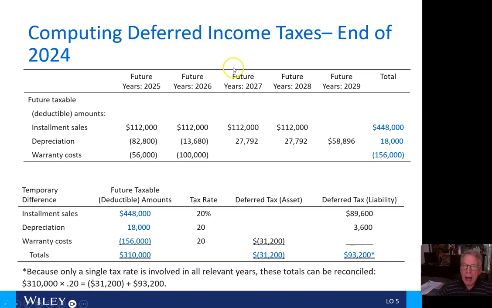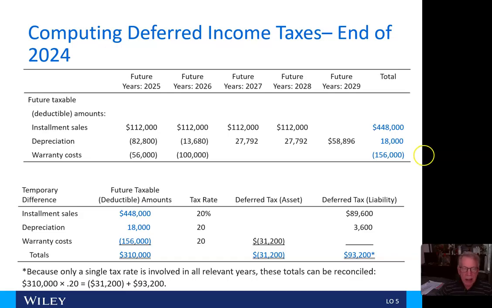Okay, now we're computing the deferred income tax at the end of 2024. And here we talk about our future taxable income, and I won't go through them individually, but you can see in total the installment sales of $448,000, the depreciation of $18,000, and our warranty costs of a negative $156,000.